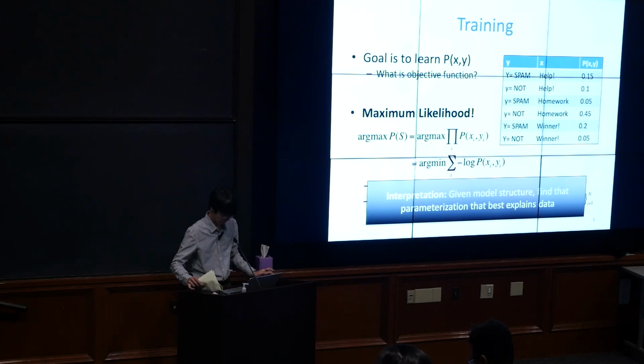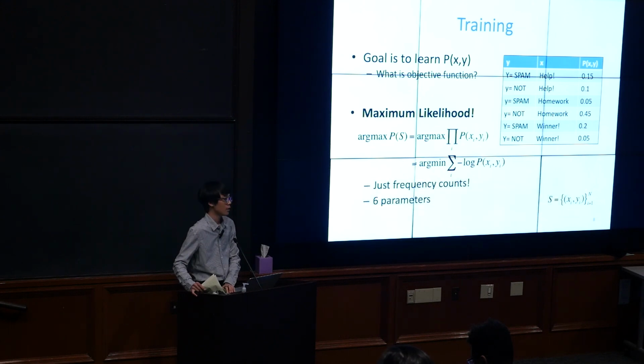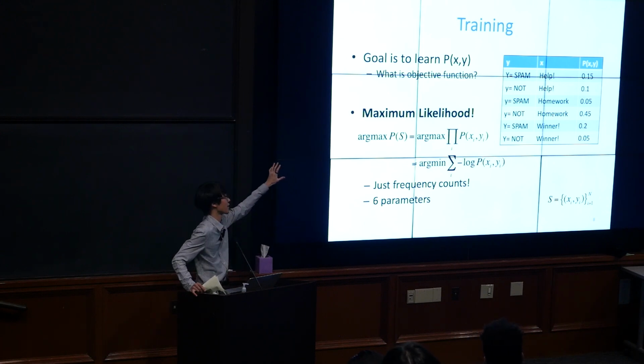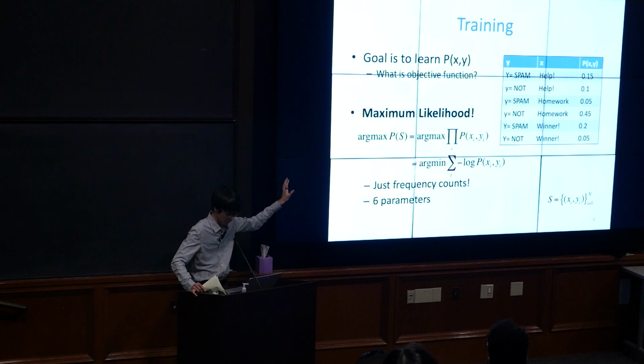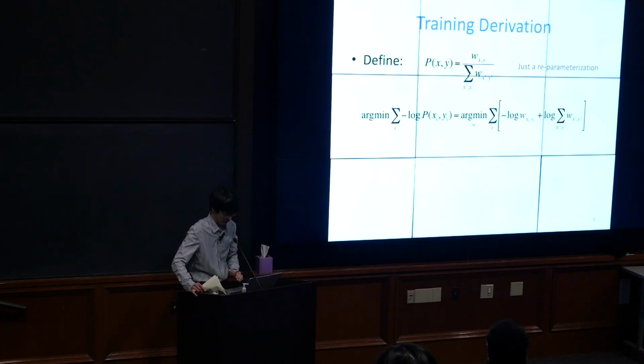Okay, so we can actually prove this. It's weird, because intuitively that makes sense, right? You just count the occurrence of everything in your data set and that becomes your lines on the lookup table. But we can actually prove that this does in fact maximize the likelihood as defined on this slide, and that's what this next slide is going to be.